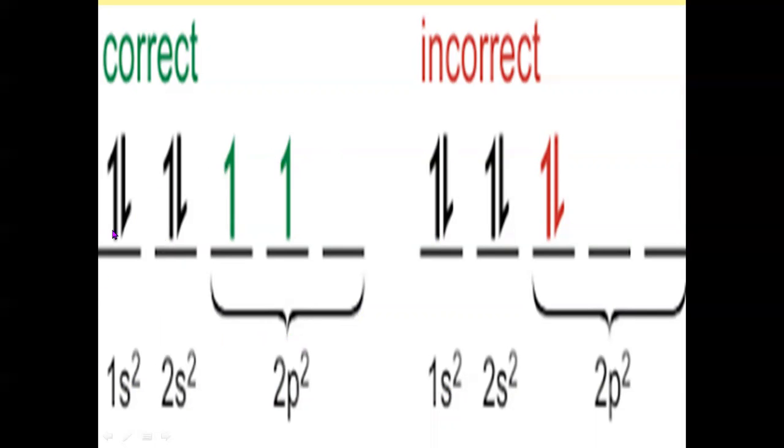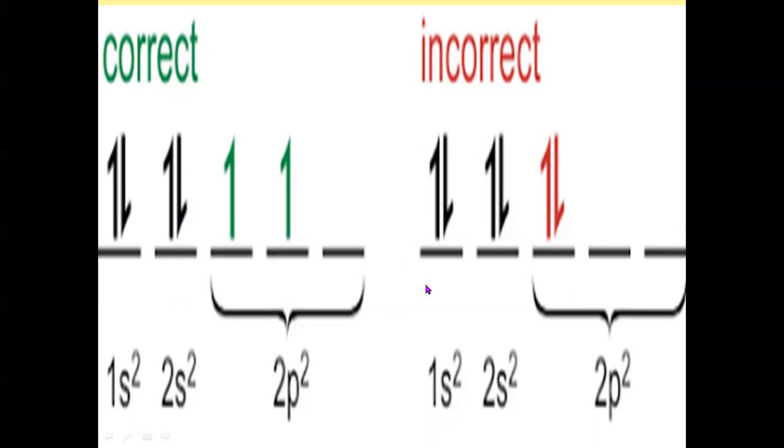We are writing the electronic configuration for the element carbon, so it has 6 electrons, and we can write 2 plus 2, 4 electrons in the 1s and 2s levels. The fifth and sixth electron should be unpaired, and they should go into 2 different orbitals of the p subshell. We cannot write both the electrons in one orbital of the p sublevel. It is incorrect to write like this.